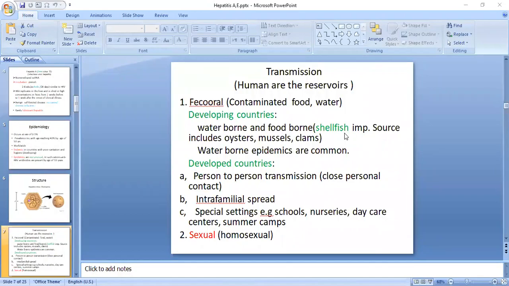In the developed countries, these are the modes of transmission: person to person, with close, intimate contact. This is also a route of transmission of hepatitis A, and it is also transmitted by intrafamilial spread.